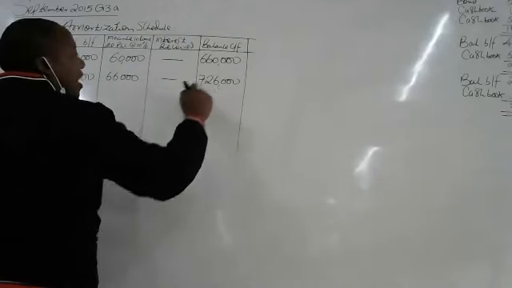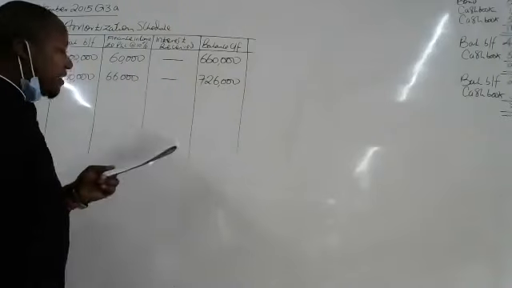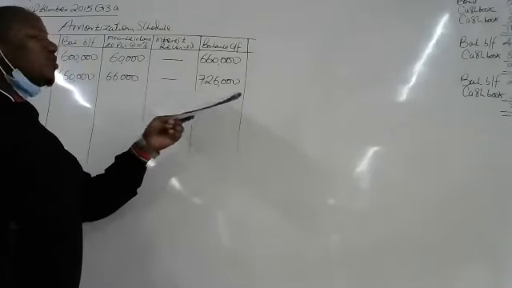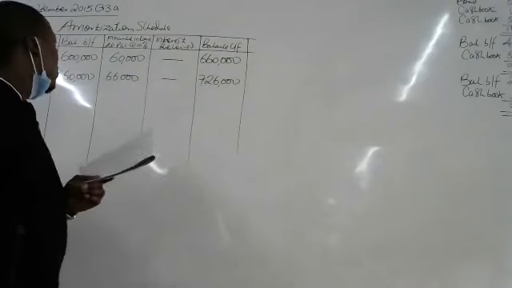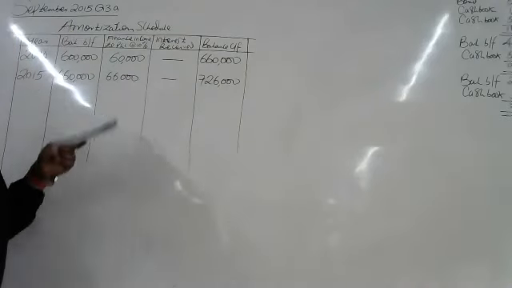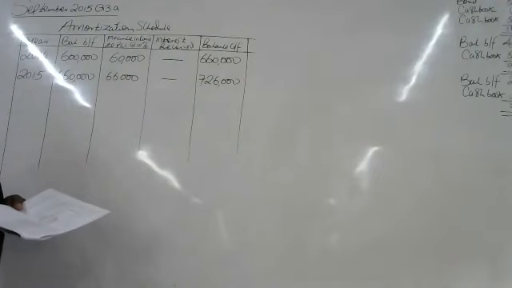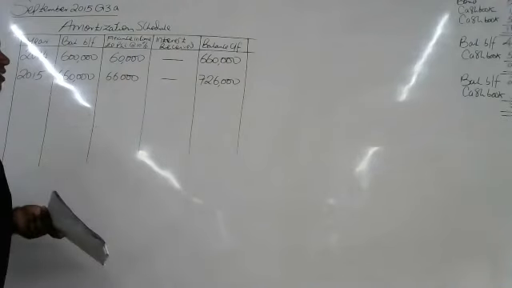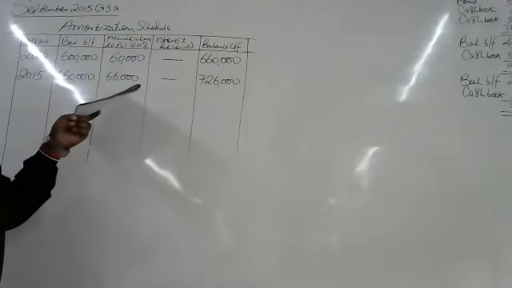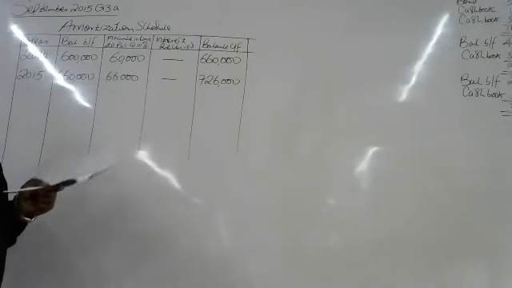That is the answer. The answer to number 1 is 726,000. And the answer to number 2 is 66,000, just that. That is the finance income for the year ending 31st December 2015. So just by doing that, you get 6 marks.